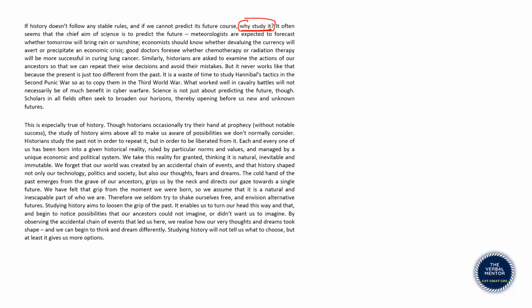It often seems that the chief aim of science is to predict the future. Meteorologists are expected to forecast weather. Economists should know, blah, blah, blah. Good doctors foresee, so prediction. Similarly, historians are asked to examine the actions of our ancestors so that we can repeat their wise decisions and avoid their mistakes. But it never works like that because the present is just too different from the past.